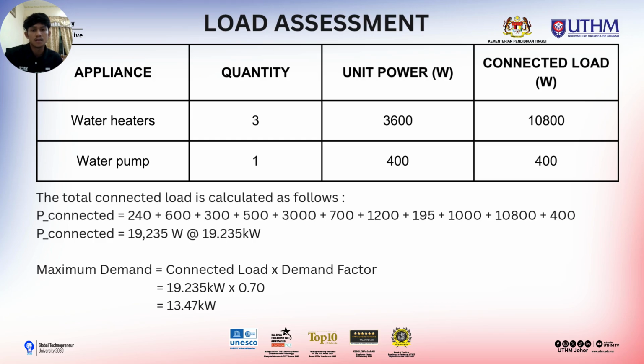So to calculate the total load power, we just sum it all in one line. So first 214 plus 900 plus 300 plus 500, 50,000 plus 700 plus 1,200 plus 195 plus 1,000 plus 10,800 plus 400.